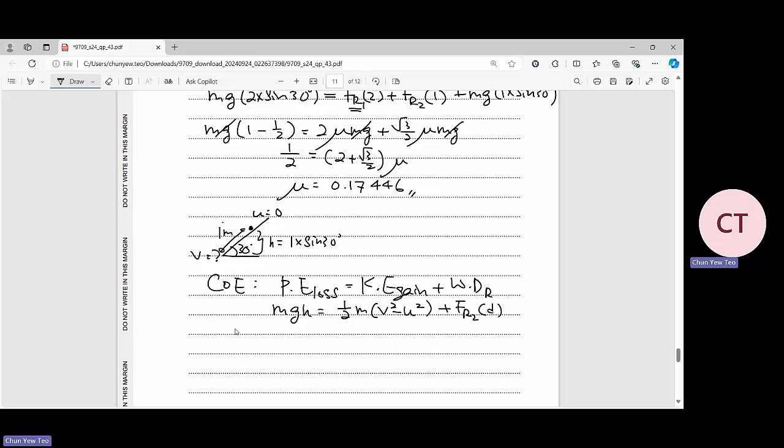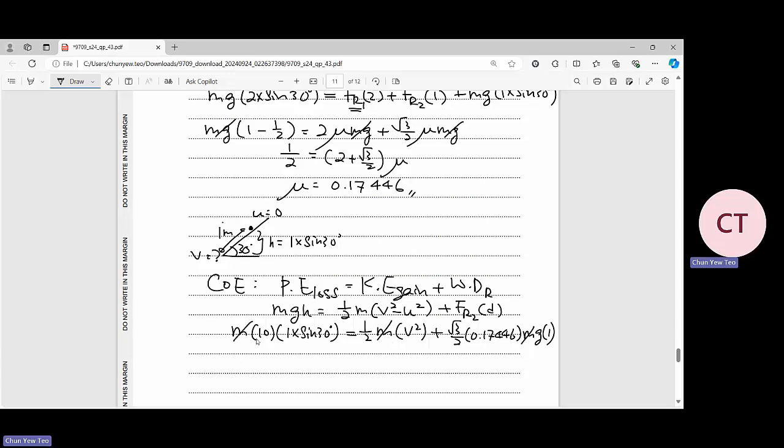So I do not know the v. I know the g as 10. The h will be 1 multiplied by sin 30. I need to find the FR. This one is the 3/2 of mu mg, multiplied by 1.